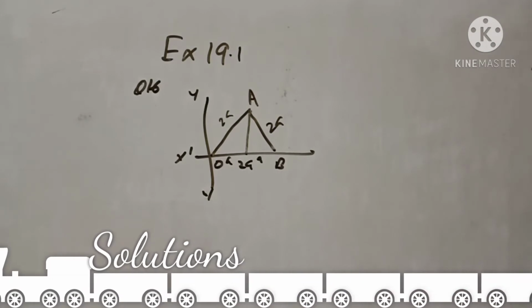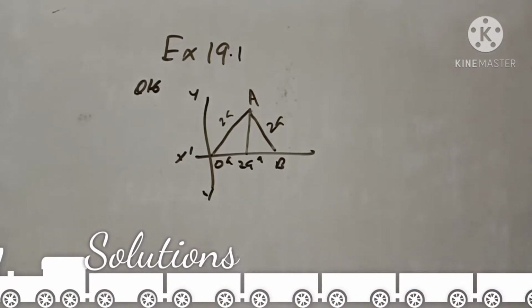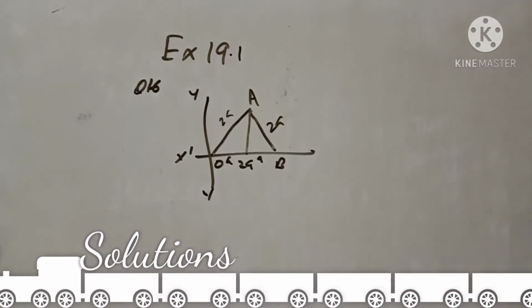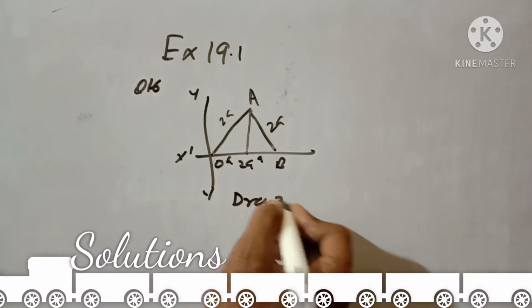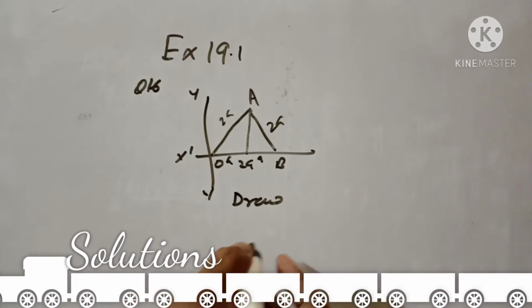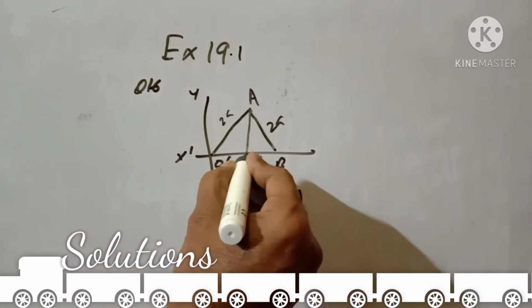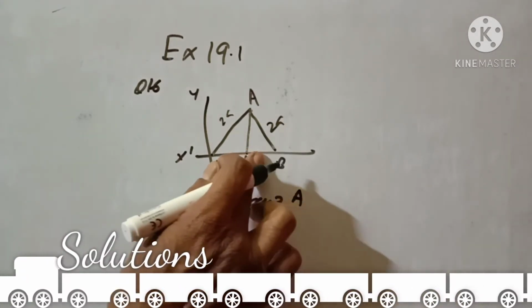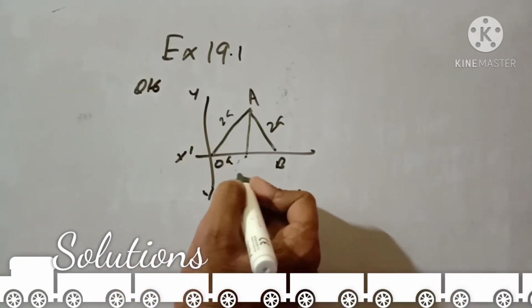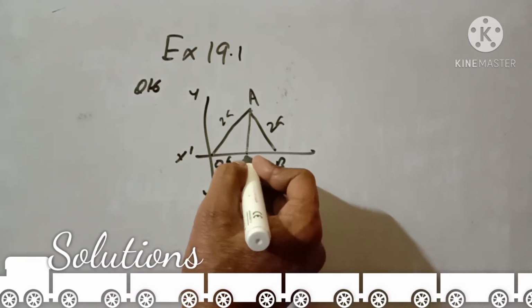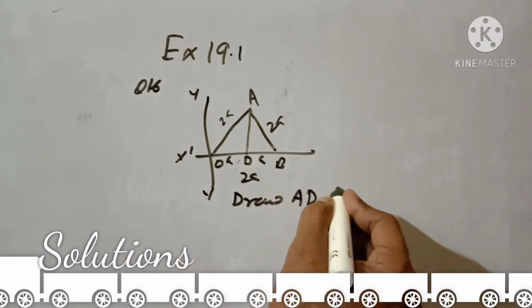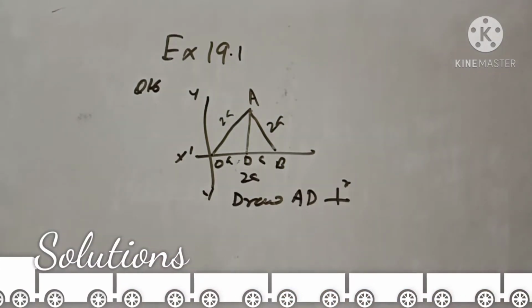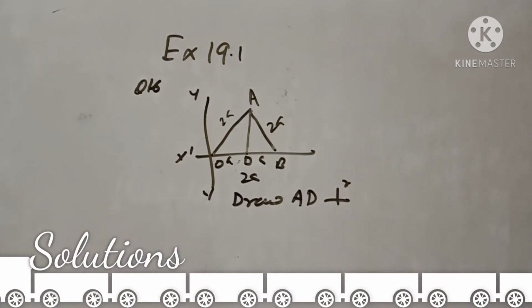Now first of all, I can draw a perpendicular line, AD, this is D, this is given 2a. Draw AD perpendicular to OB.